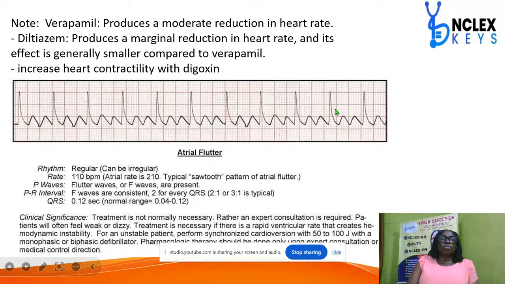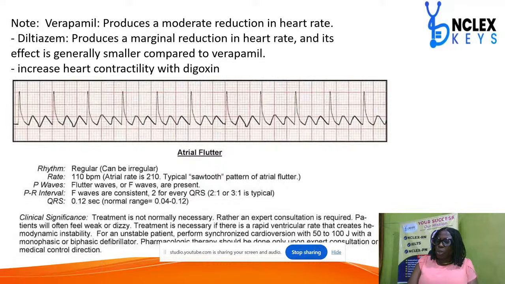1, 2, 3, 4, 5, repeated across the strip. So this is a 6-second strip, okay? So we can use the whole graph.